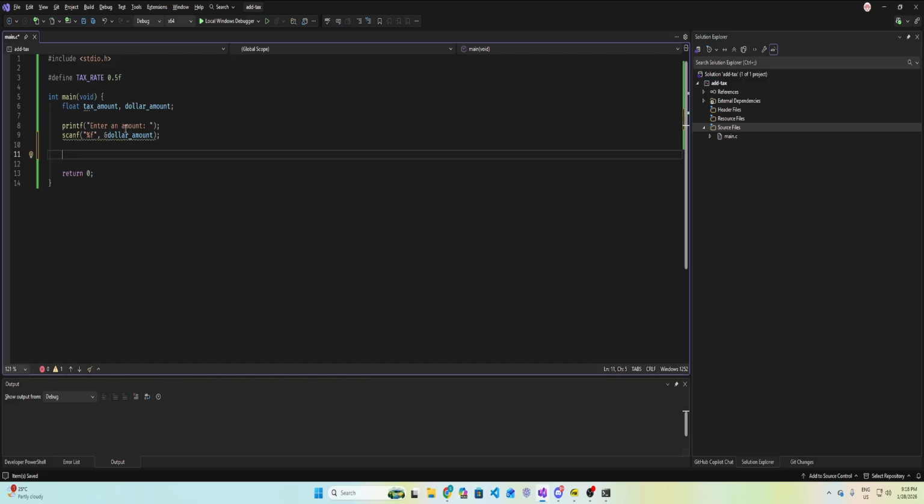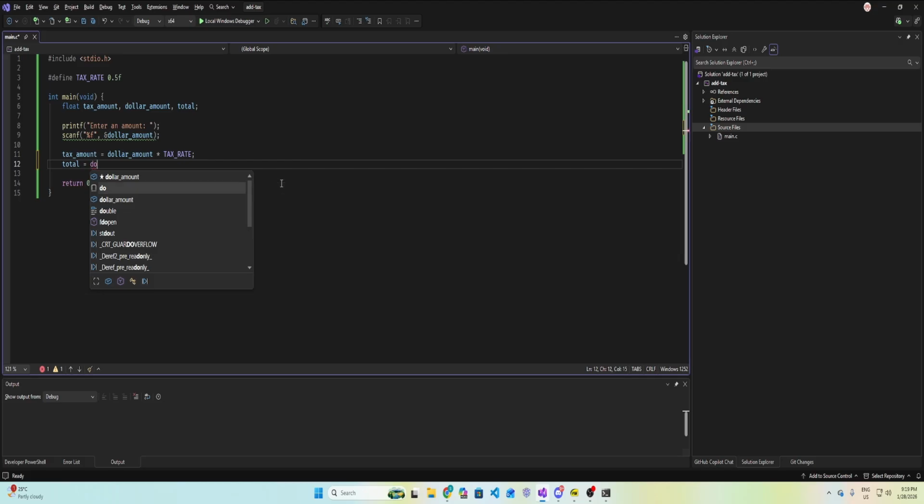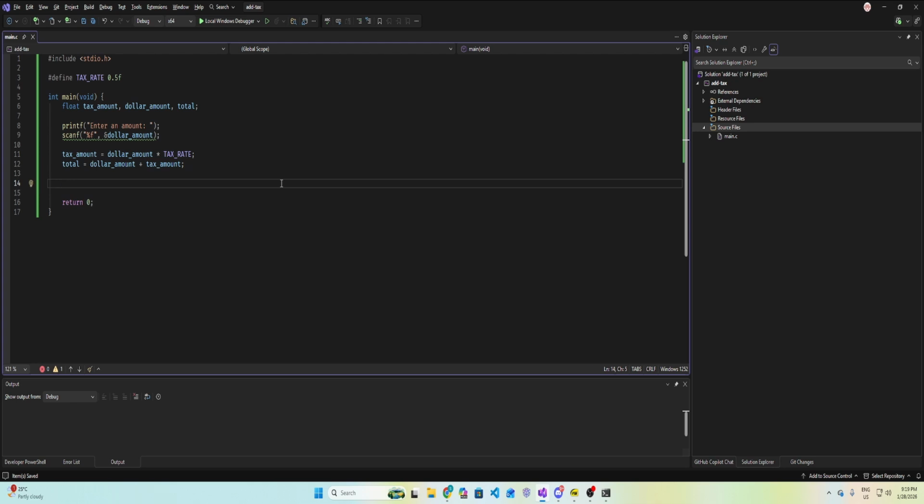Then tax amount is going to be equal to dollar amount times tax rate. So that's going to give, in this case, 5. And then we might need another one, total. So total is then dollar amount plus tax amount. Okay. And you just add another print.